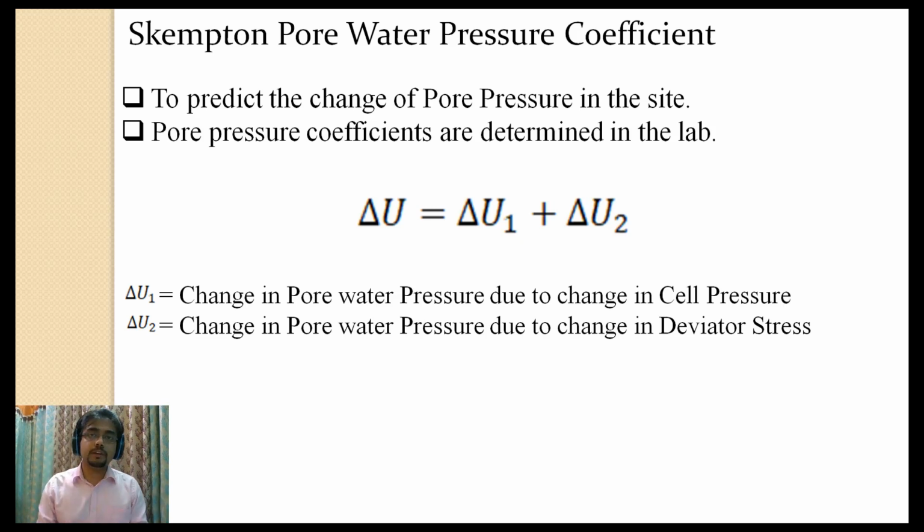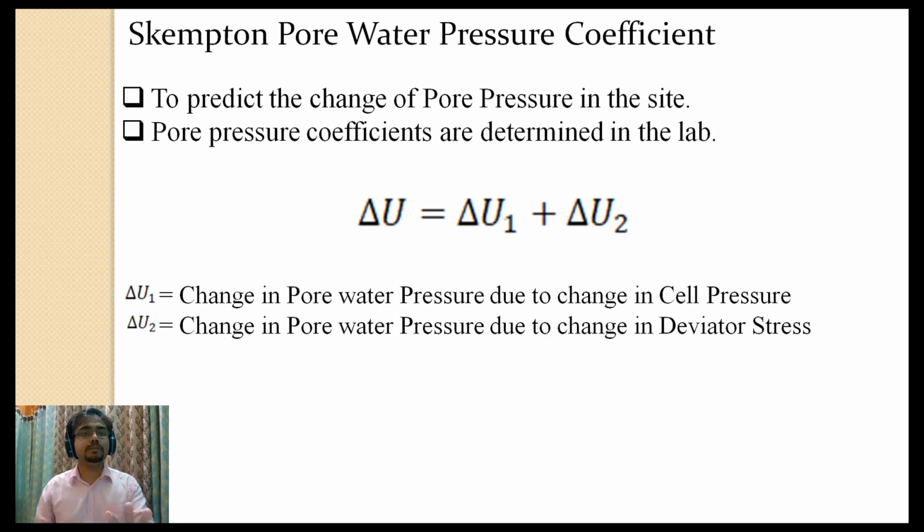But we have already discussed that in the field, it is very difficult to determine the excess water pressure. So we have some apparatus in our lab to find out the change in excess water pressure, but we don't have any arrangement in the field to find out the excess water pressure. So if we are going to predict the excess water pressure generation in the site, then we must need the help of these Skempton water pressure coefficients.